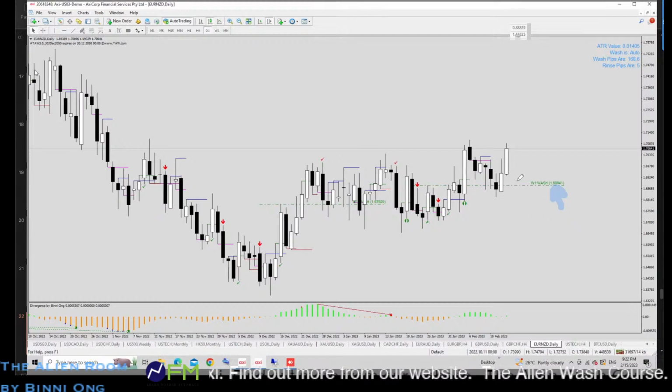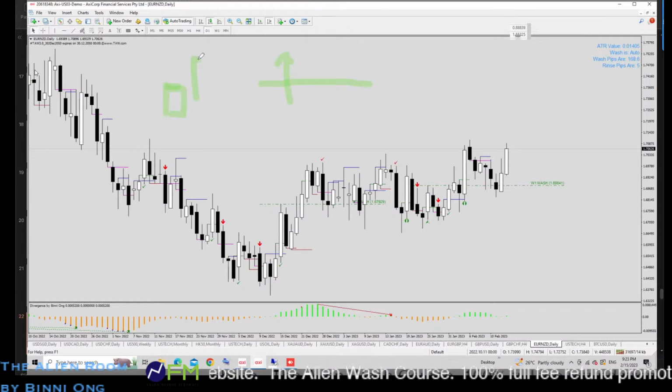Now if you have a look at this one here, see the wash line as a separator. If this is a green wash line, so let me just change my color. If price is above this wash line, that means if price had closed above, let me just draw this one here. Okay, so this is a candle.